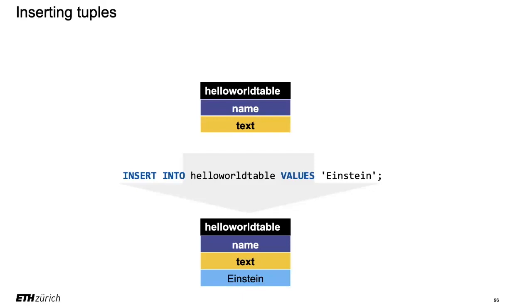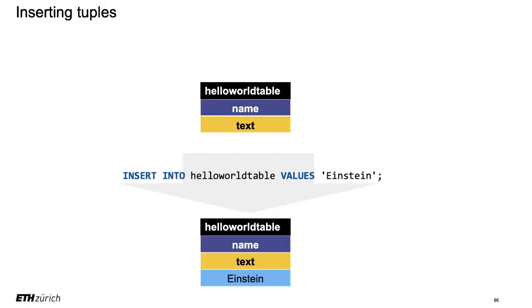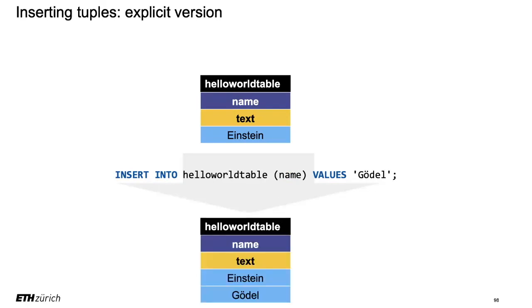Now, technically, remember, in the theory, that's technically a map, right? I'm mapping name to Einstein in that tuple, but in that case, in the query, I didn't say it. Why? Because there was no ambiguity, right? There's anyway only one column, and I'm saying Einstein, so it just puts it in there. Now, if I don't like this ambiguity and I really want to be thorough and say the name, I can add it there, right? Questions?